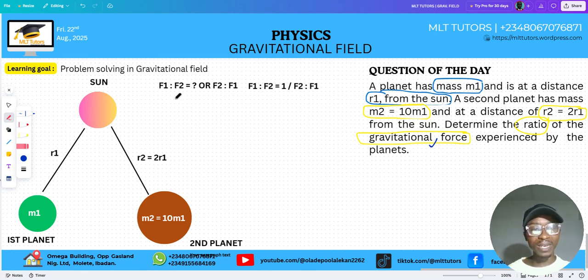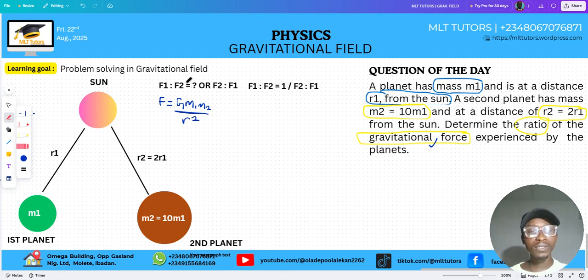According to Isaac Newton, the force of attraction or repulsion between two bodies of masses m1 and m2 is directly proportional to the product of their masses and inversely proportional to the square of their distance apart. So the formula we are going to adopt here is F equals G m1 m2 over r squared. This is the formula we shall be using to simplify this problem.